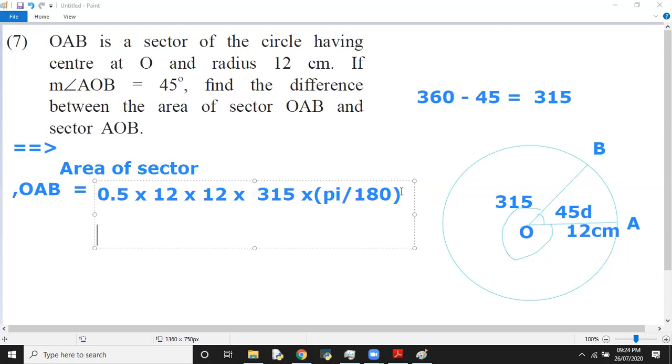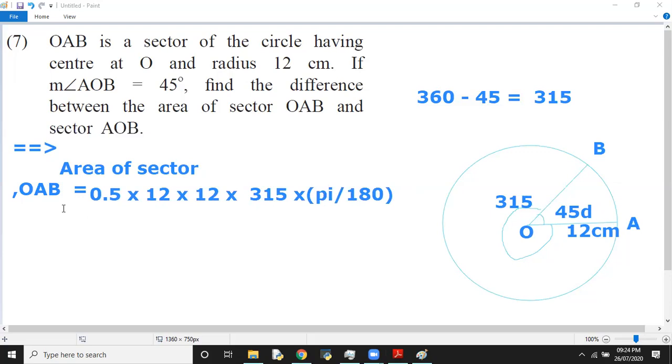Then, just do some modifications here. 0.5 into 12 means 6. 6 into 12 means 72. 72 into 315 into pi divided by 180.